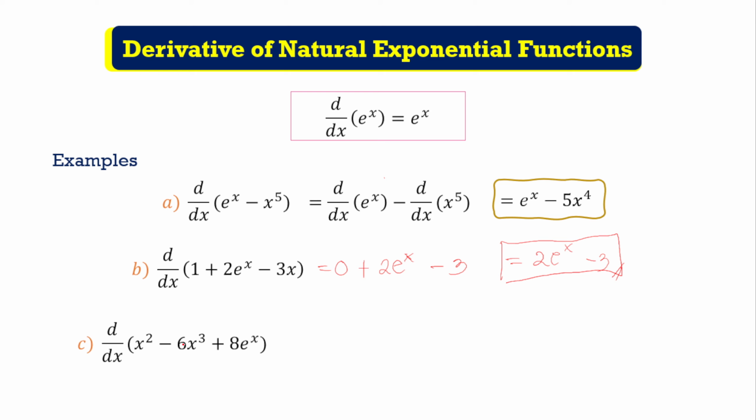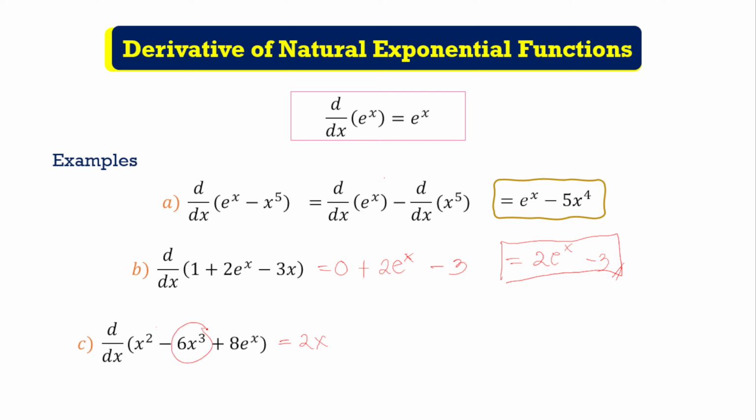Another example, trinomial again. You can use the sum and difference rule, since we have minus and add symbols, or negative and positive symbols. The derivative of x squared is 2x by the power rule.